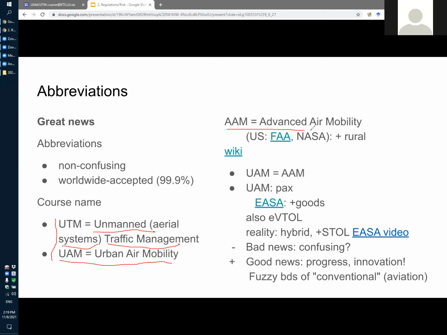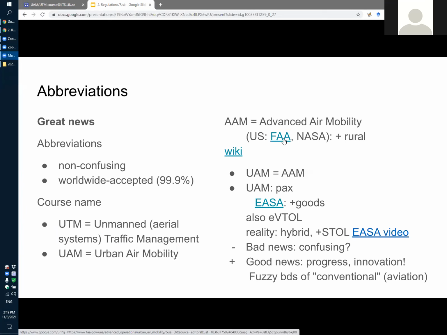There is also something called advanced air mobility. I think it's more of a US term, used by NASA and I guess introduced by the FAA, and it includes not only urban but also rural.